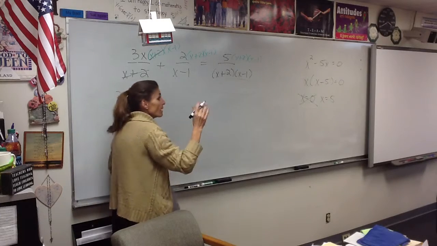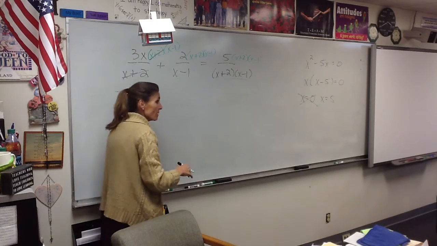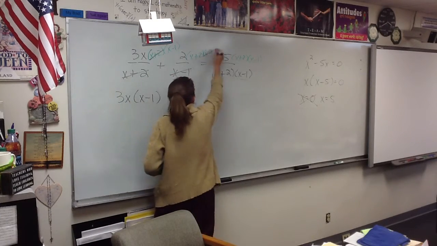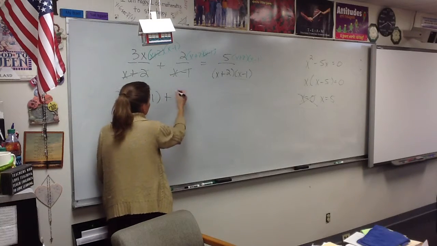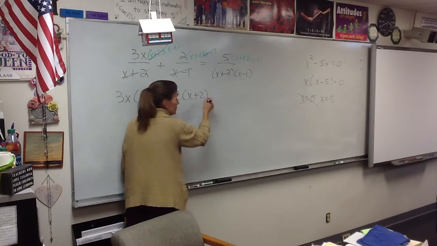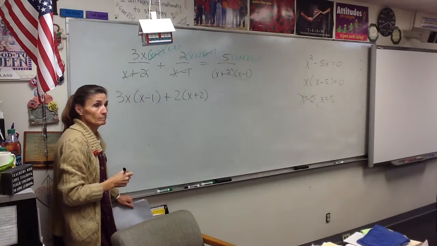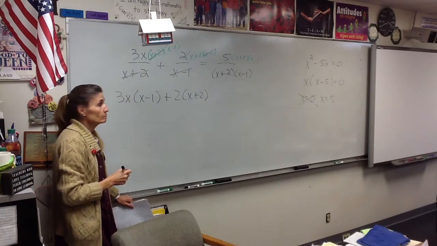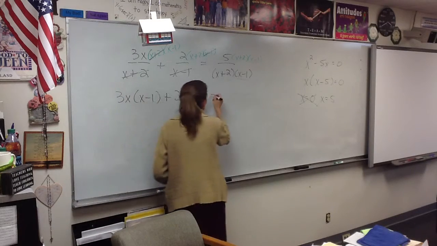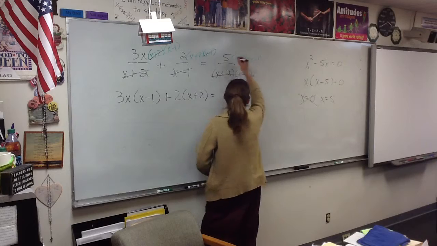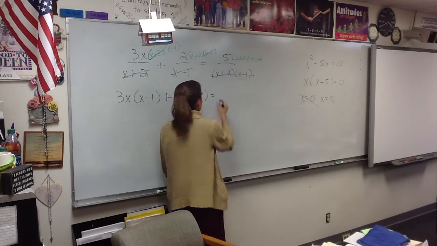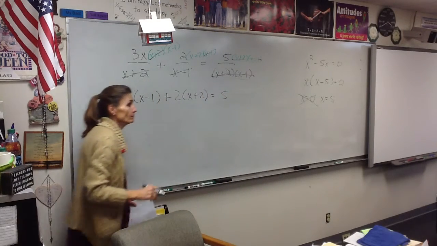Now, my whole purpose is to cancel out my denominators. This denominator cancels out, leaving me with plus 2 times x plus 2. The whole purpose is to cancel out the denominators. This denominator cancels out, leaving me with 5.